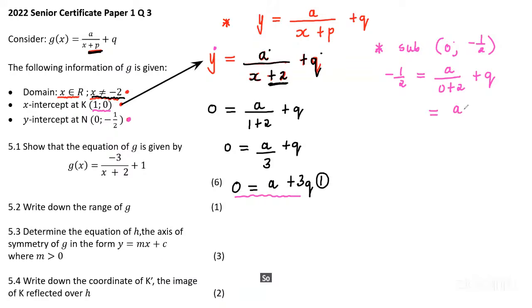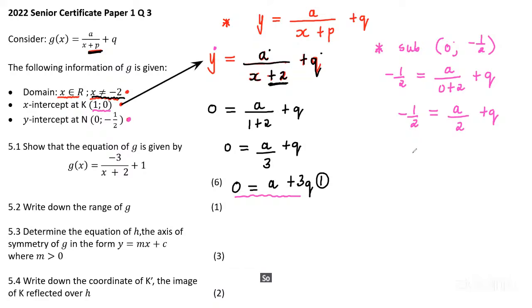So this becomes a over 2 plus q is negative a half. Again, you would be correct to cross multiply everything by 2 to get rid of the 2.